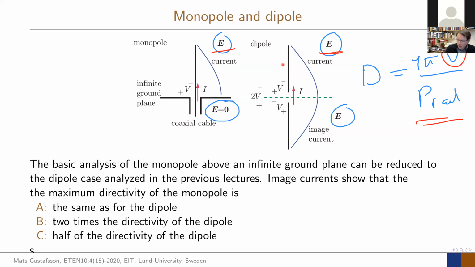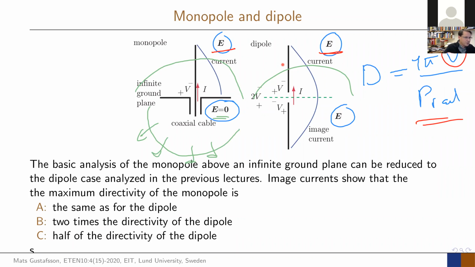If you add up the radiation intensity above the ground plane, you only sum up radiation above the ground plane. These pieces here, those two are the same because the electric field is the same above the ground plane. Do you get any contribution of the monopole when you look at what's radiating down here? No, you don't get any radiation down there because your electric field is equal to 0.